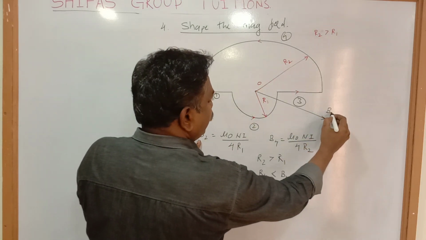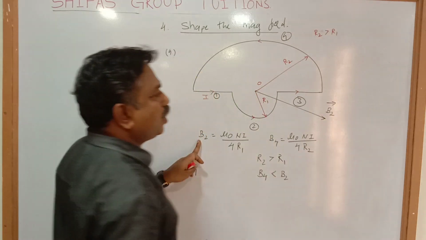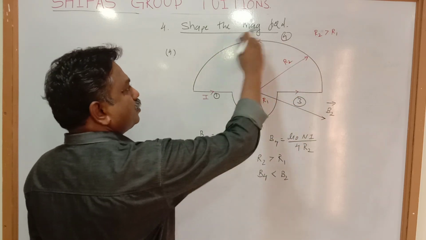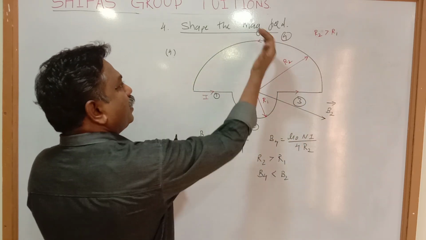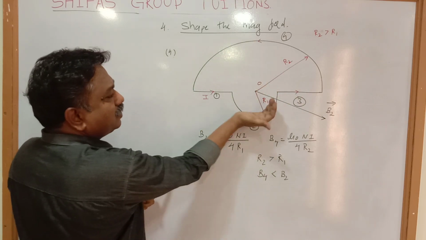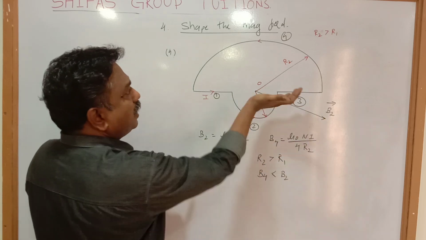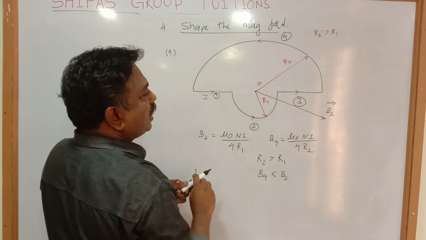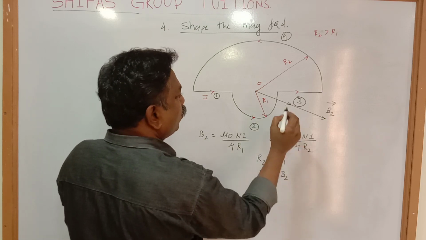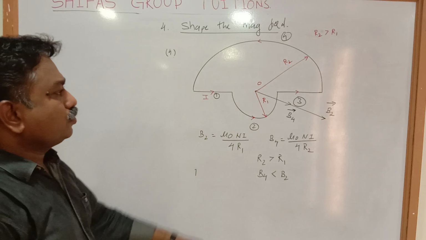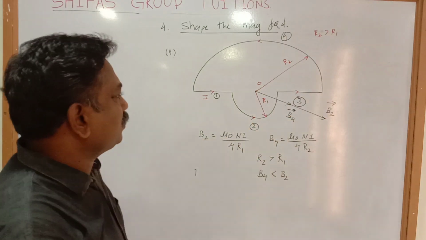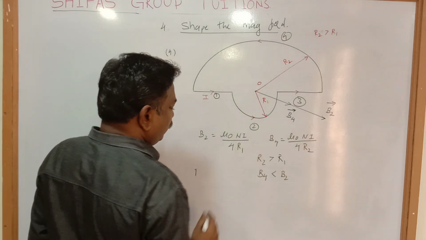The direction of B2 bar is out of the plane of this board. B4 is produced by the other part, where the current is passing in this manner. B2 and B4 are both in the same direction, out of the plane.